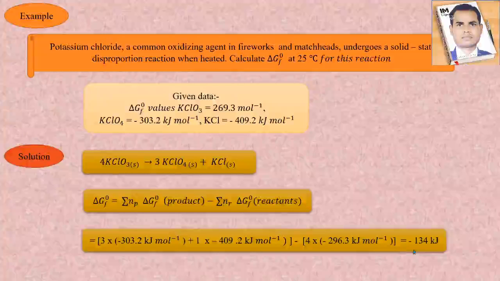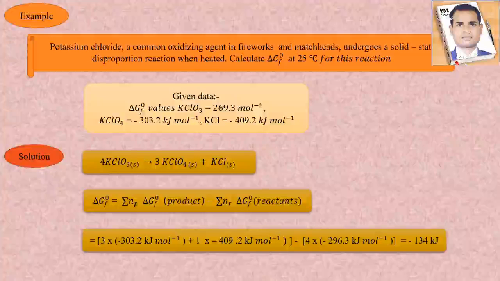After calculation you will get minus 134 kilojoule. So this will be the delta G0F at 25 degrees Celsius for this reaction.